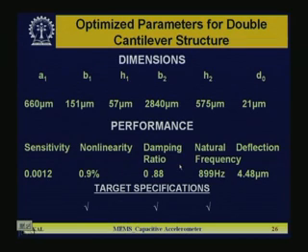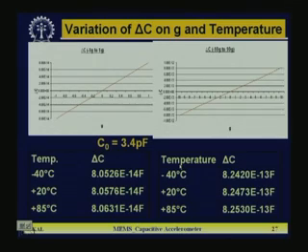So, we can just go for designing, and the delta C for this structure for -1 G to +1 G and -10 G to +10 G is plotted.